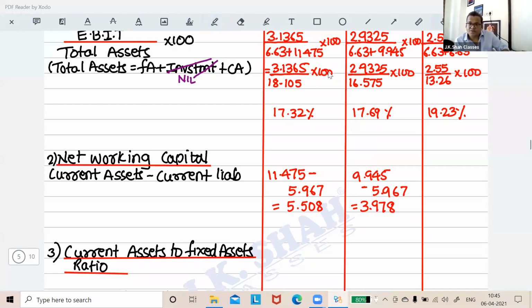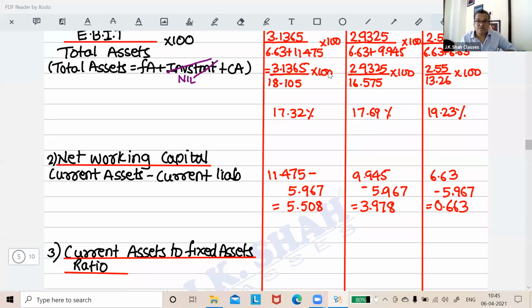Here the current assets are 6.63 minus 5.967, which came to 0.663. Okay, what do you see in all these plans?